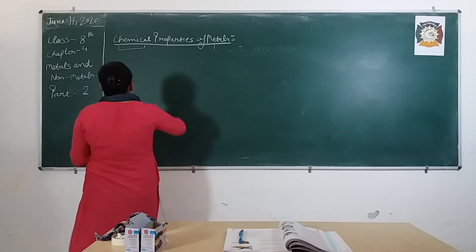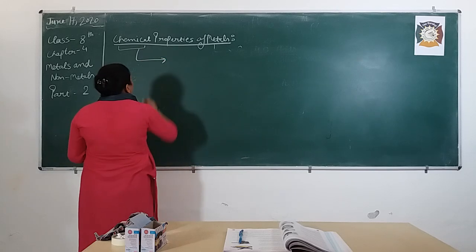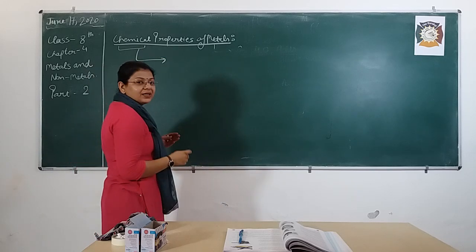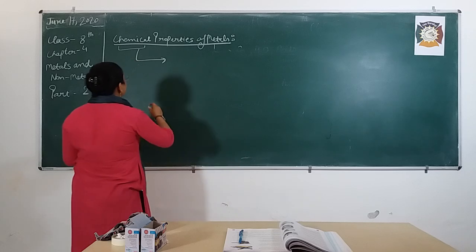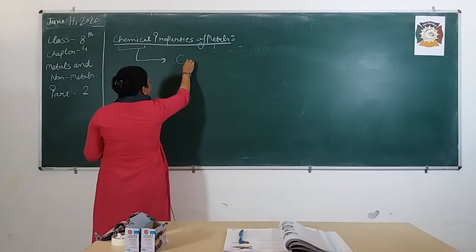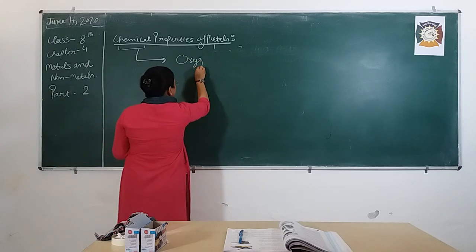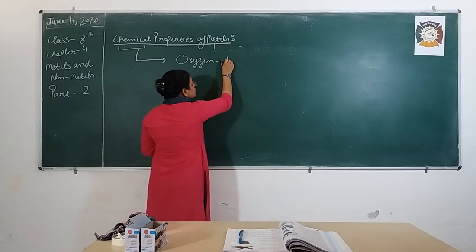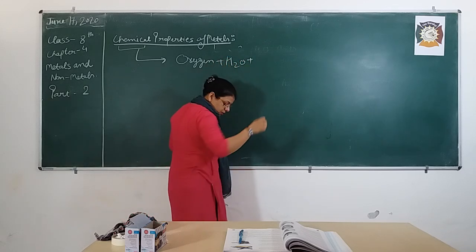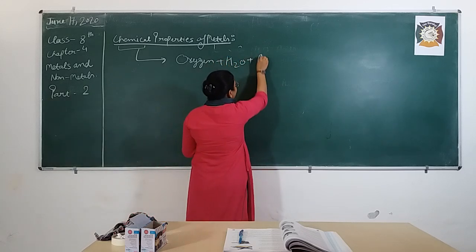So here firstly, what do you understand by chemical property? Okay beta, chemical property means when metal reacts with oxygen, when metals react with water, and when metal reacts with acid.